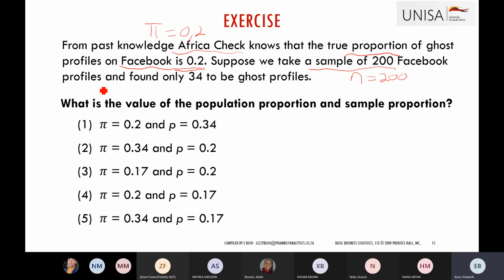And they're telling me that only 34 were found to be ghost. So from that sample, 34 of the profiles they looked at were ghost profiles. So they're also giving me my x, which is my observations that satisfy that relationship or that come from that sample.